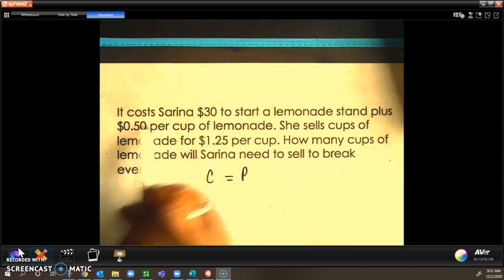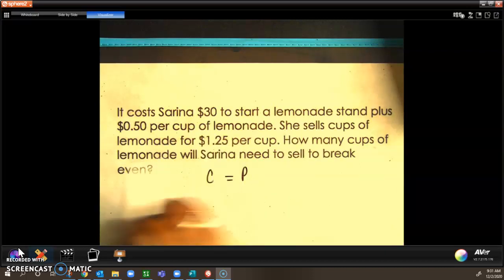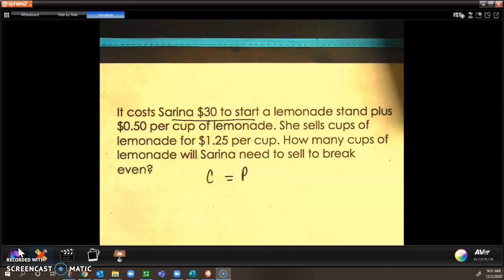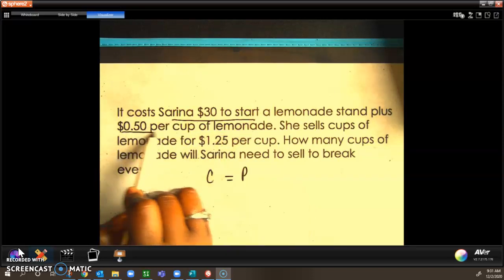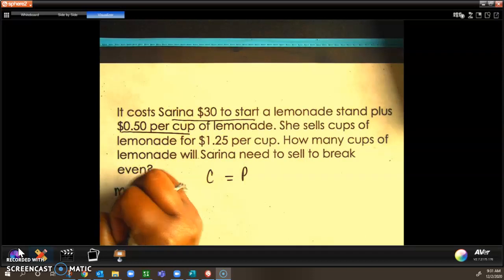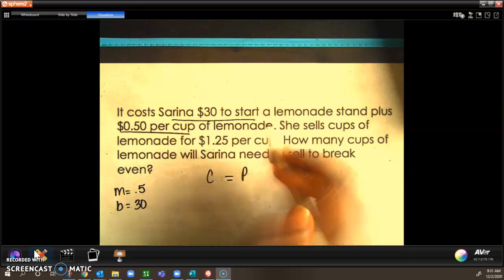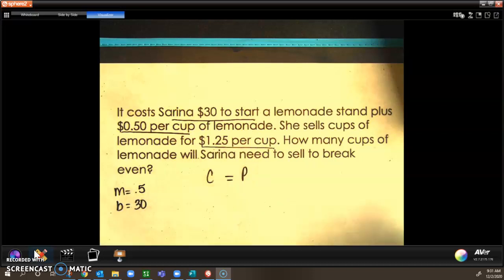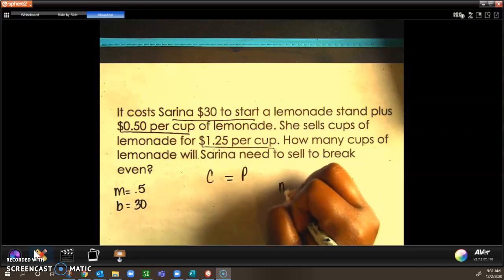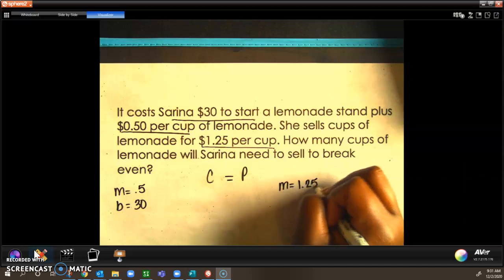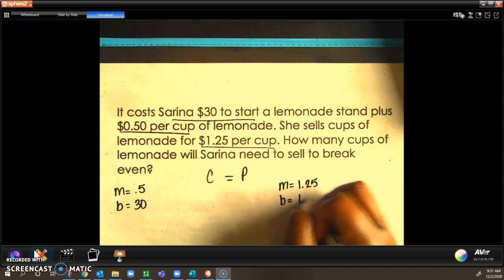First we need to figure out what it costs Serena. Remember, it takes money to make money. So it costs Serena initially $30, and then it's 50 cents per cup. So over here our slope is 50 cents and our y-intercept is 30. For our profit, it's $1.25 per cup, and here we don't have a y-intercept.